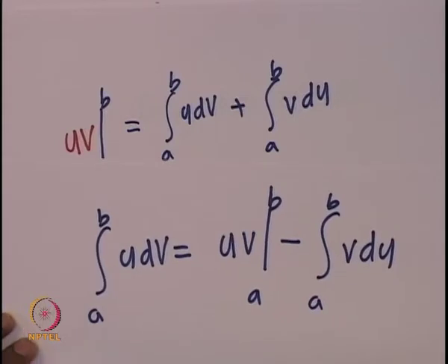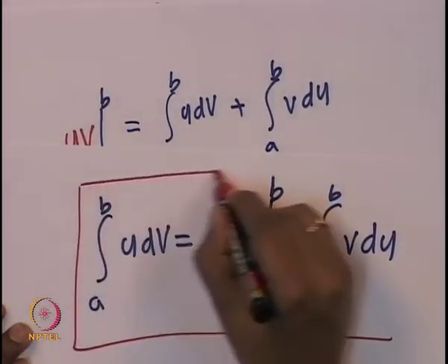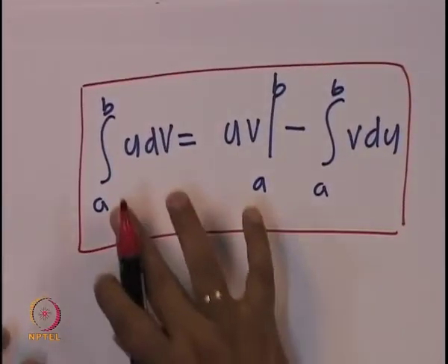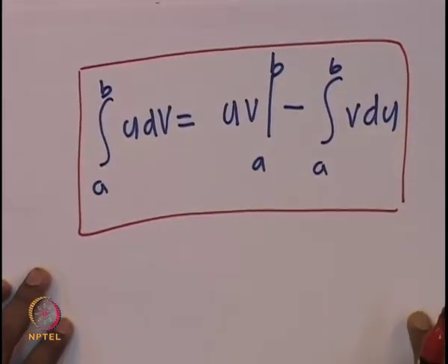This is an interesting formula which will be very useful, and we will be using it later. So, integral u dv is u v in the limits minus integral v du.